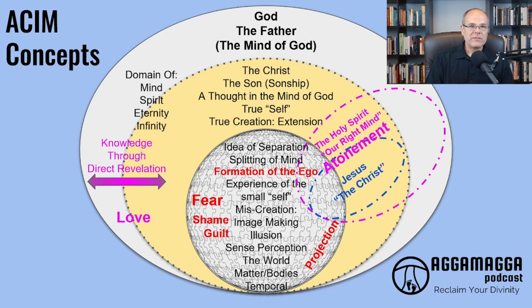And Jesus gave this teaching because Jesus once was one of the separated ones. He had this belief that he was a separated self, right? And through his process, he had awakened to his right mind, to the Christ consciousness. So that's why he was Jesus the Christ.